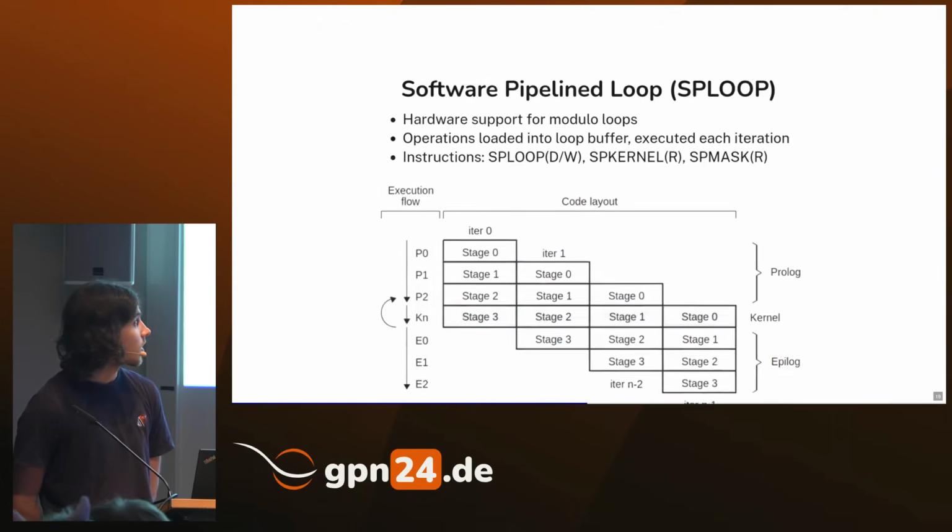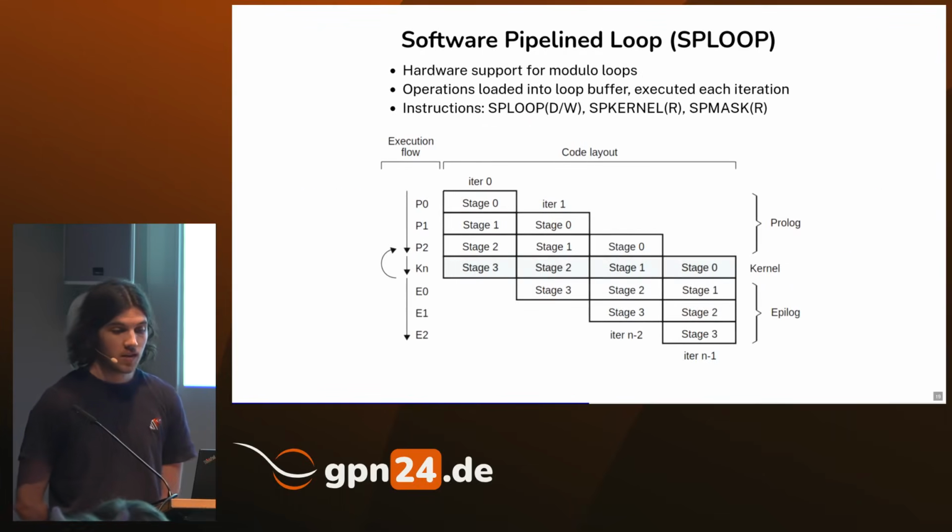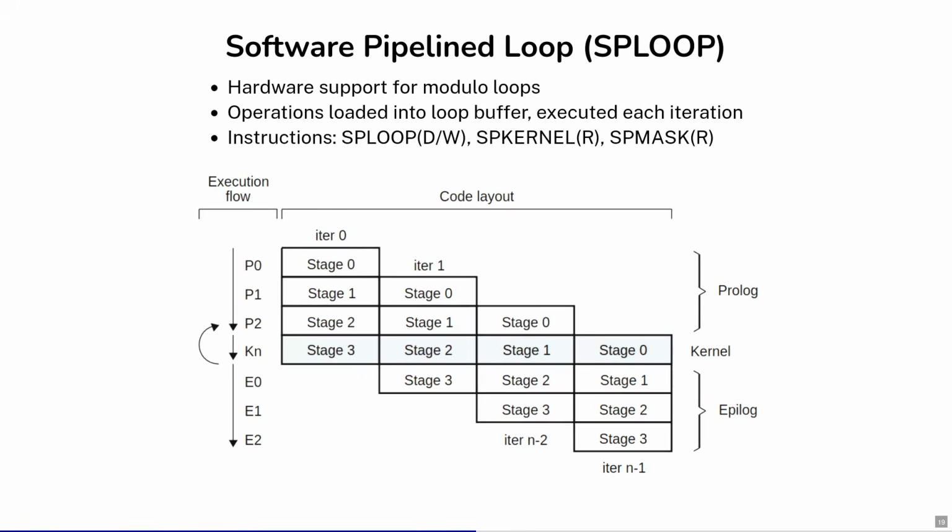One last feature that I will just mention that it exists. This architecture also has hardware support for loops. So instead of encoding each branch and preparing, I mean, we have delayed branches of 5 cycles branch delay.